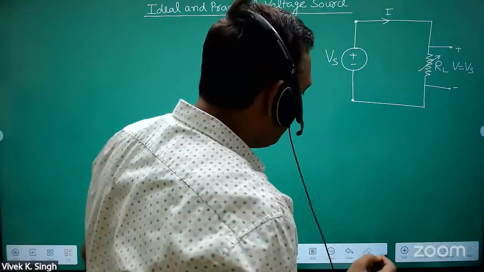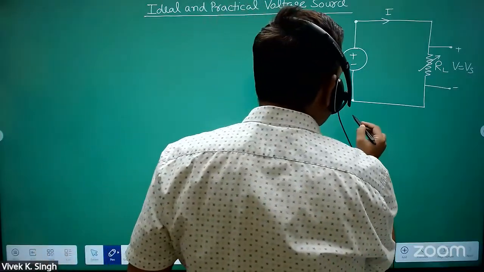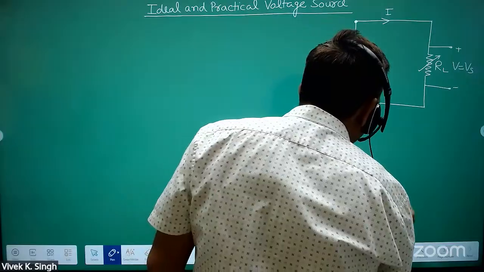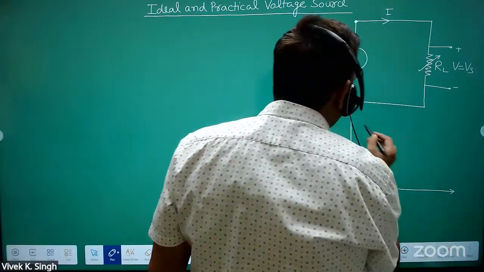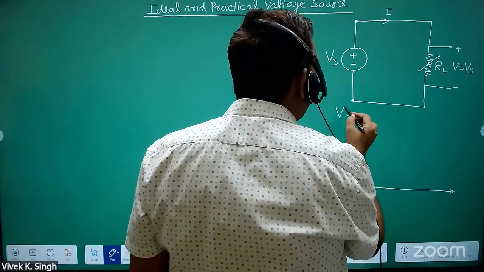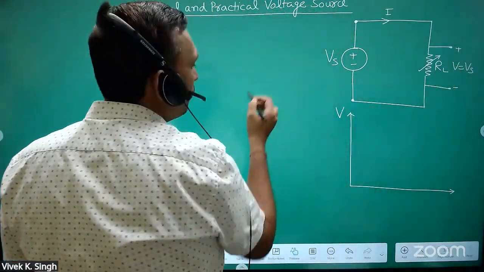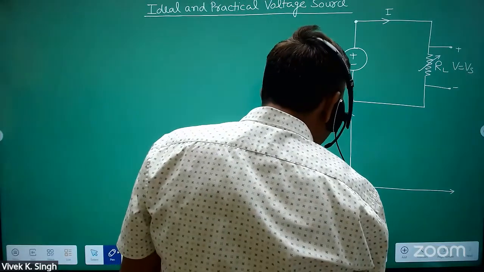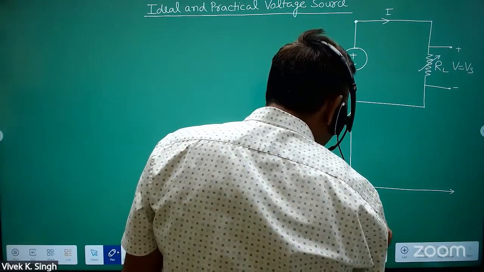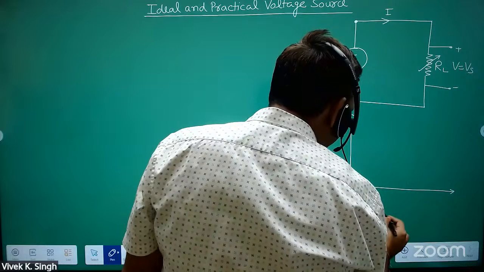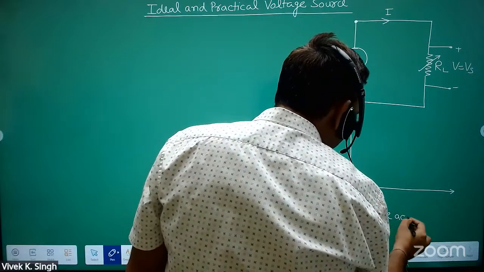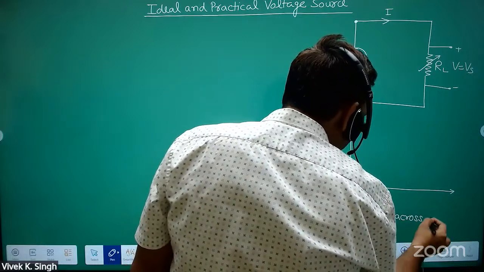तो आइडियली क्या हो गया? अगर आप आइडियली प्लॉट करो V वर्सेस I, V क्या है? वोल्टेज ड्रॉप अक्रॉस लोड. What is V? V is voltage across load.